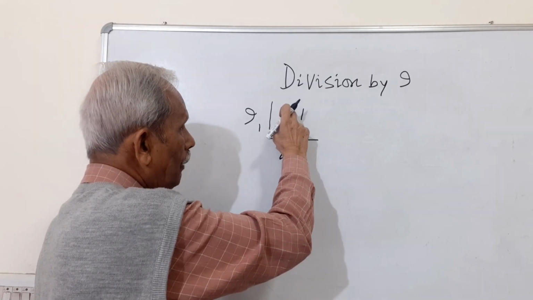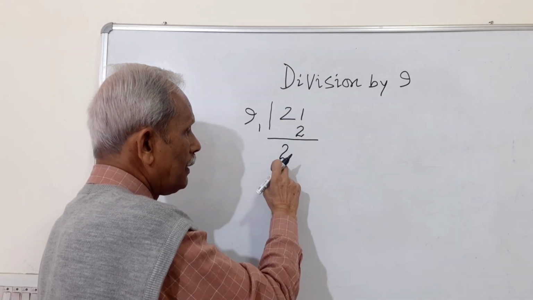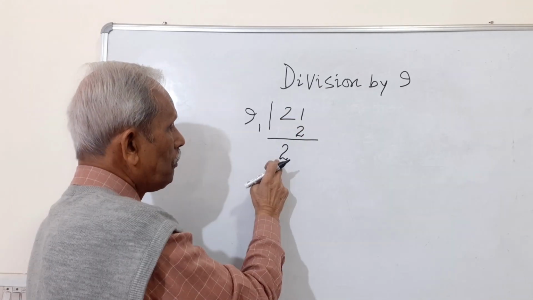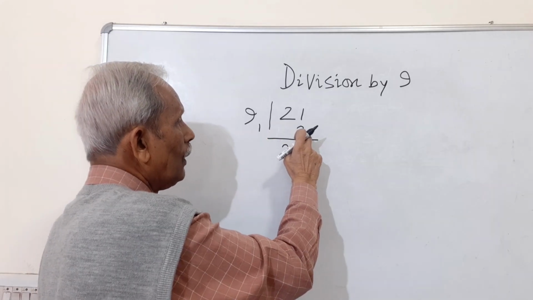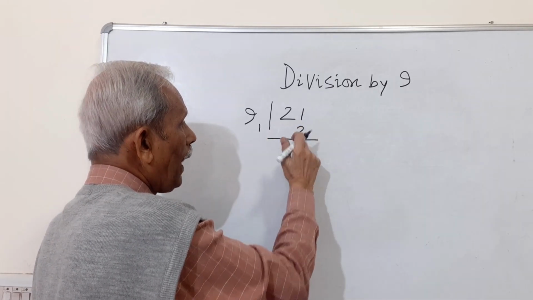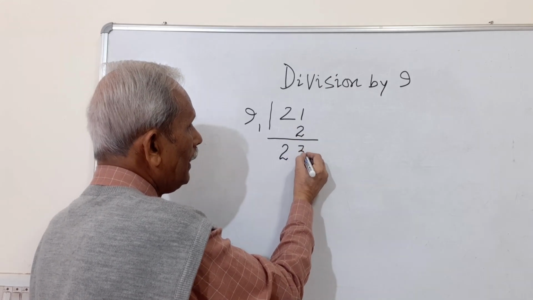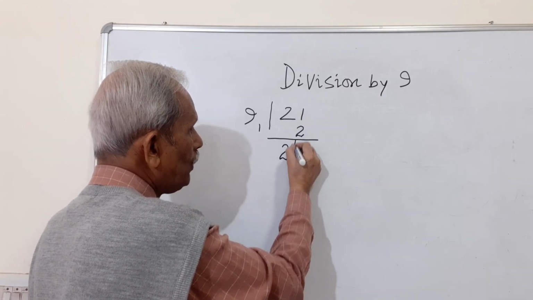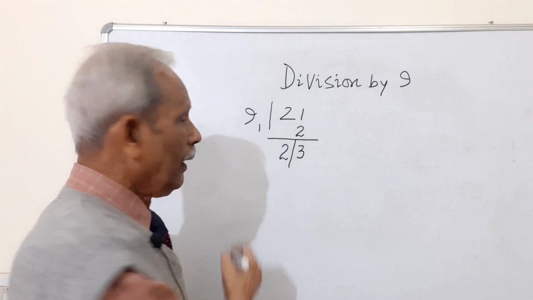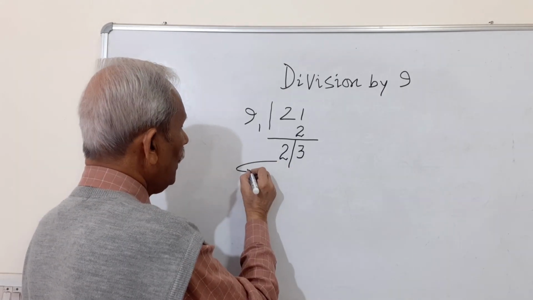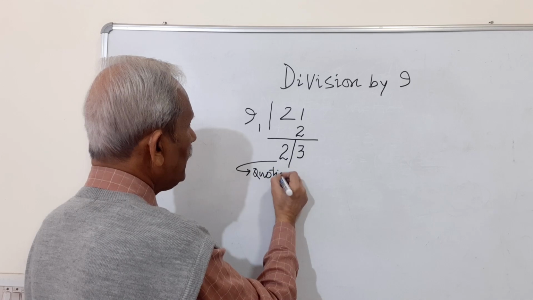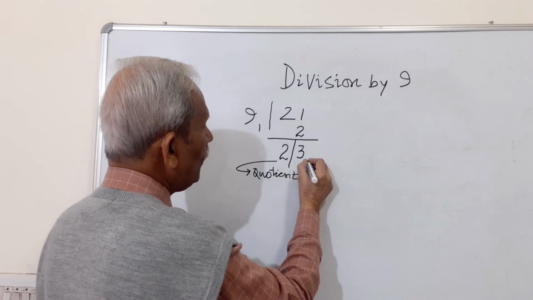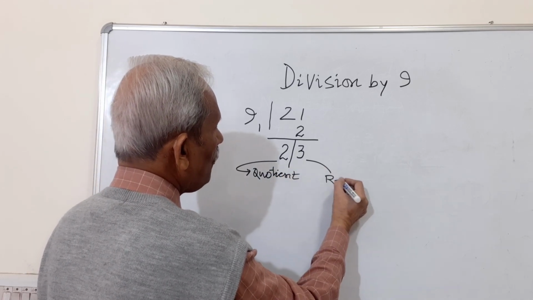Then I have brought down the first digit as it is here, 2. I multiplied this 2 with this 1, it becomes 2, and I write it here. And then add this 1 and 2, you get 3. Since this is the last number, put a line here. Now this 2 is your quotient, and 3 is your remainder.